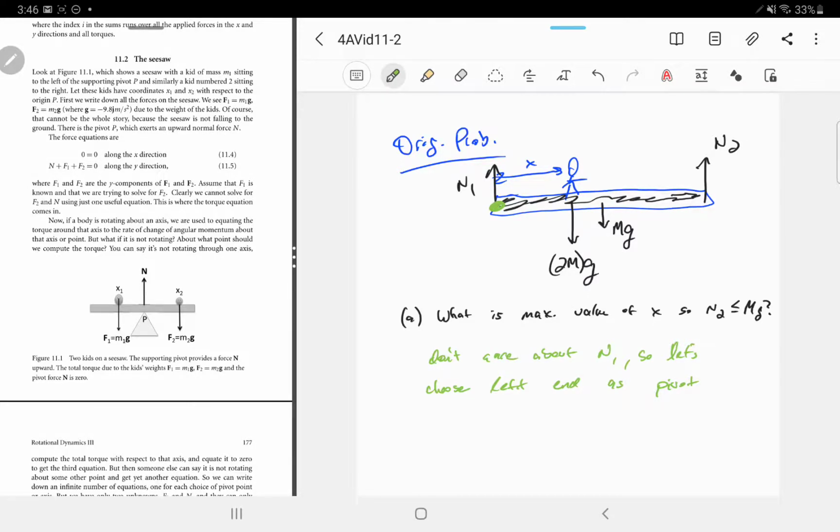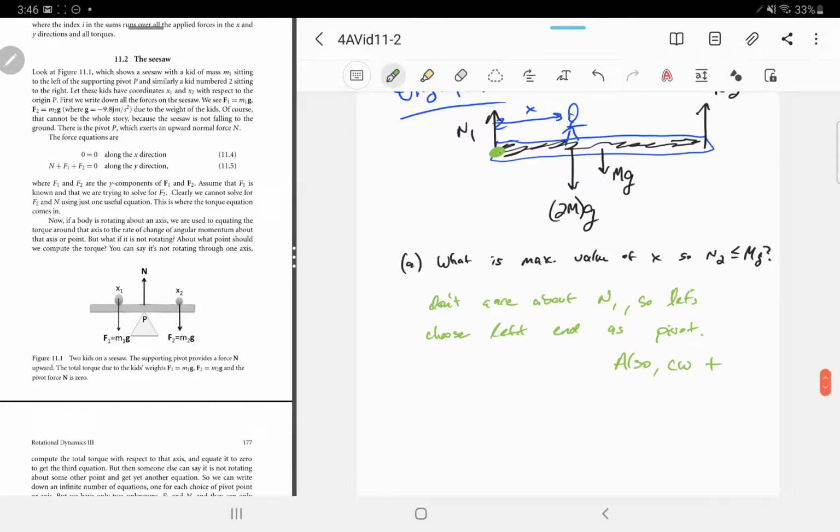Also, because there are two forces tending to rotate the rod clockwise, and only one tending to rotate it counterclockwise, let's choose clockwise as our positive direction, to make more positives than negatives.